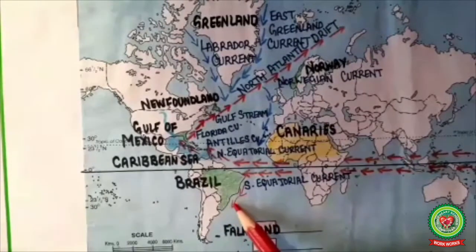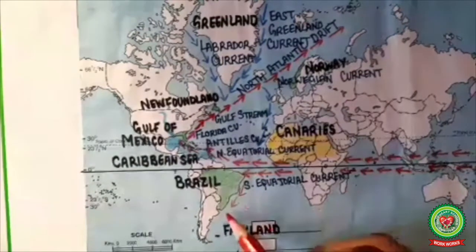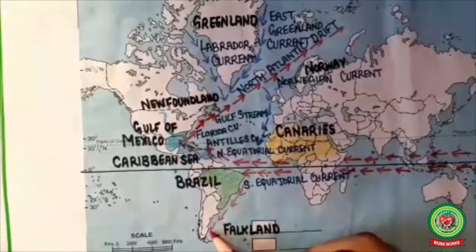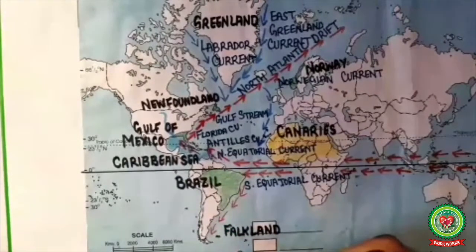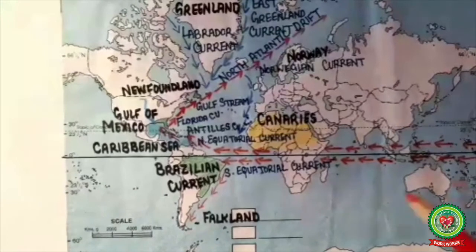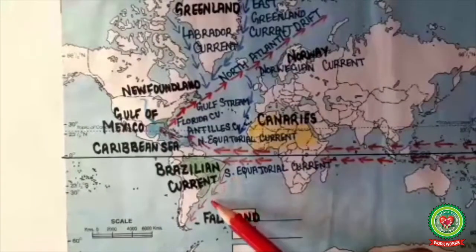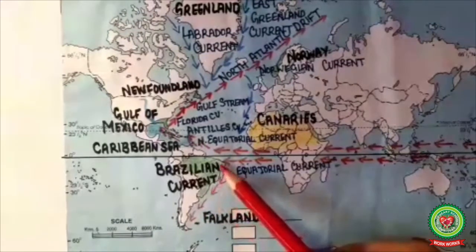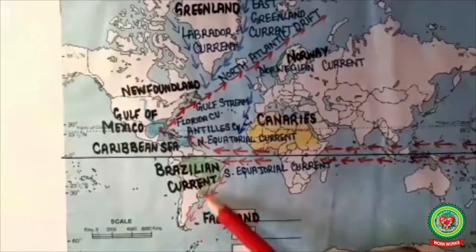Here it is named as the warm Brazilian Current. It further moves towards Argentina and reaches the Falkland Island. You can see here I have written Falkland Island. As the Brazilian current is a warm current, it brings heavy rainfall in the coastal areas of Brazil and Argentina.